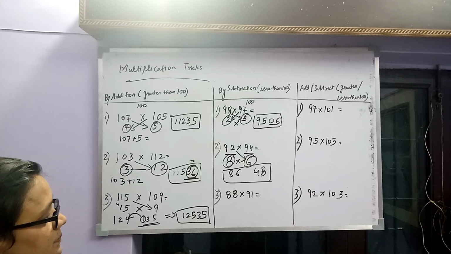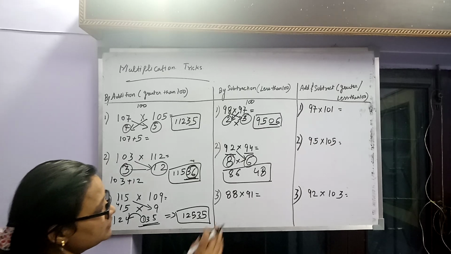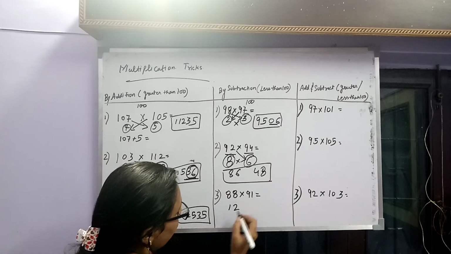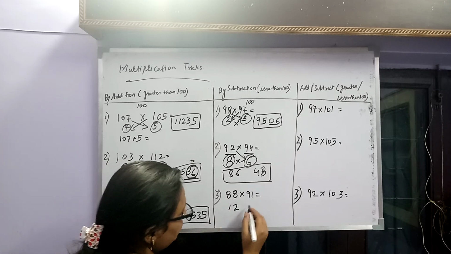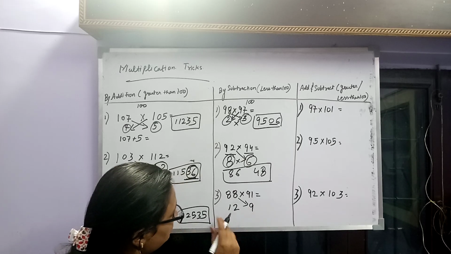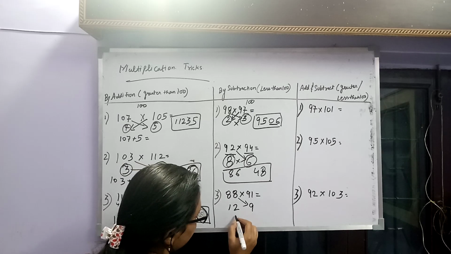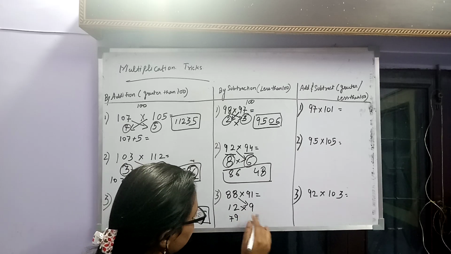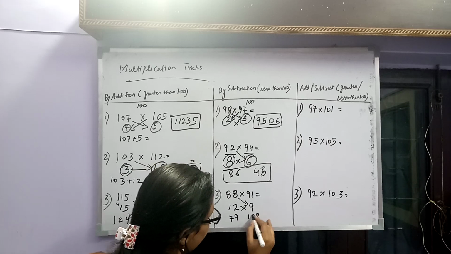Now let's look at another example. Here 12 less than 100 is 88, and the other is 9 less. Now we subtract 9 from 88 and we get this, and if we multiply 12 into 9, we get 108.